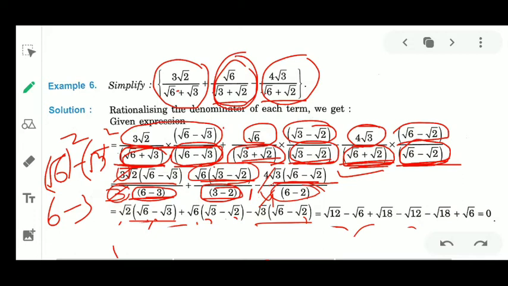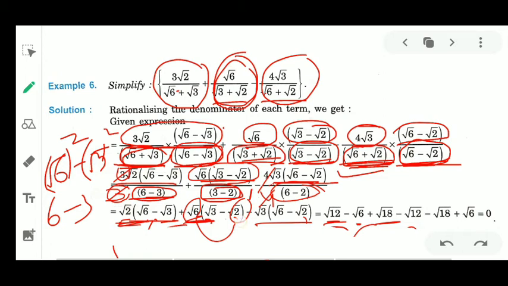Okay. Then multiply root 2 into root 6, that is root 12. Then root 2 into root 3, that is root 6. Plus root 6 into root 3, that is root 18. Then root 6 into root 2, that is 6 into 2, 12, so root of 12.